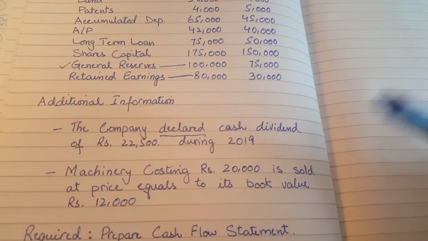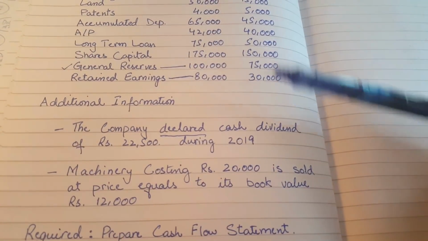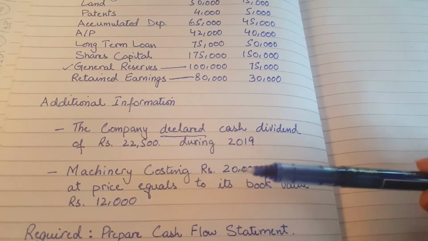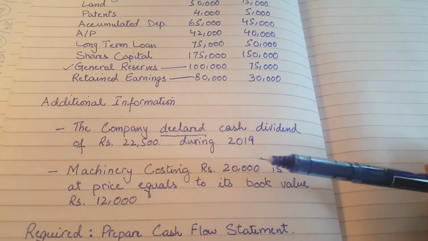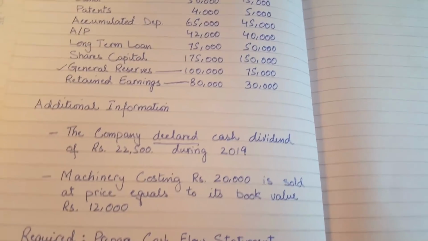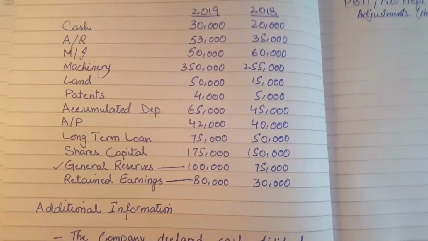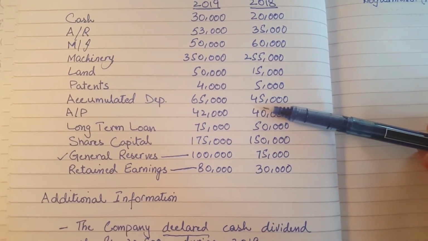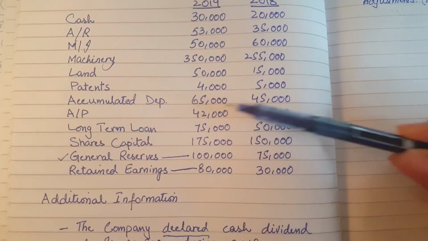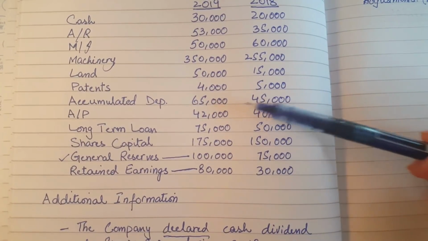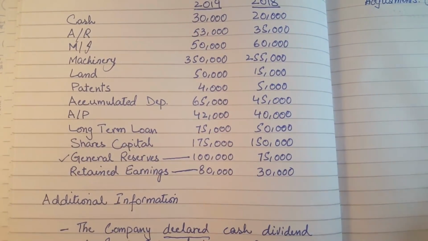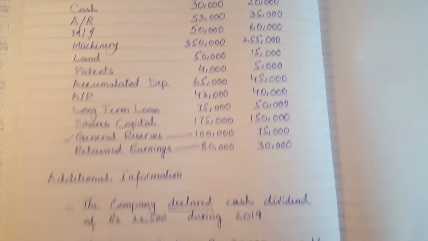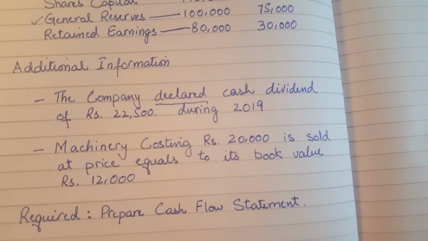If it is related to the fixed asset, you will notice that you have to make some entries regarding depreciation. It is not the case that you just take the opening and closing balance of depreciation, deduct these and write the figure here. No, this is not the case, because we are given additional information regarding machinery.